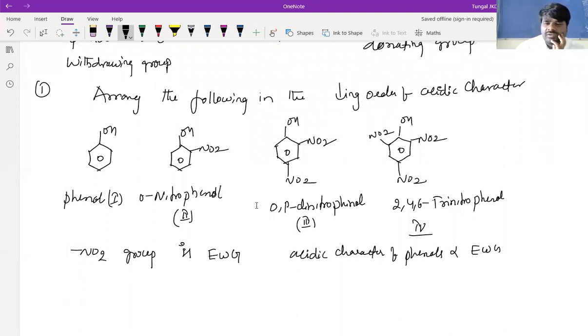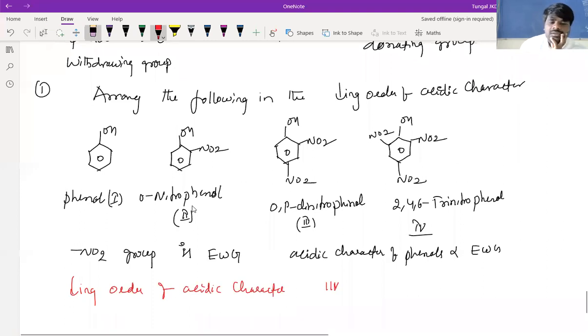So the more the number of them, the more acidic. The decreasing order of acidic character will be fourth, followed by third, followed by second, followed by first.